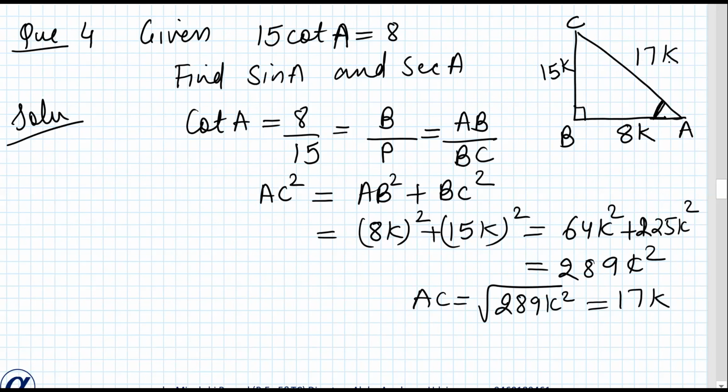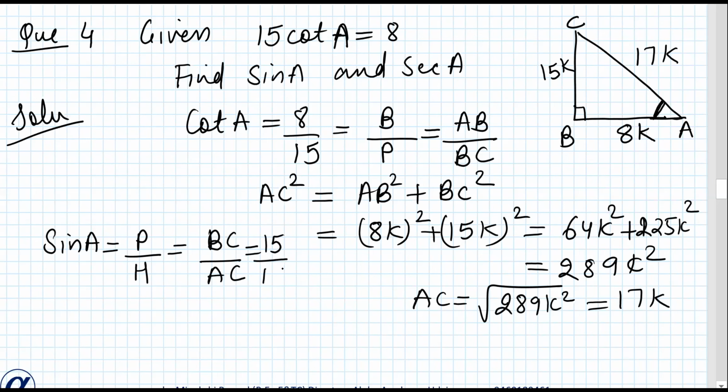Now we have to find sine A. Sine A is perpendicular upon hypotenuse. If angle A is under consideration, perpendicular is BC, hypotenuse is AC. So BC is 15 and AC is 17.